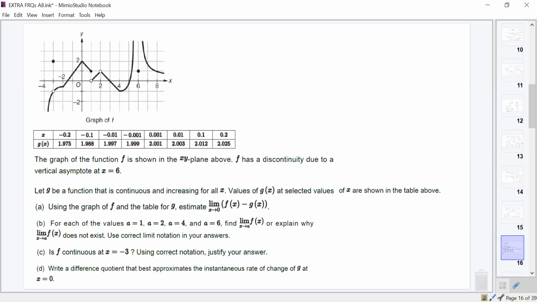And this is one that's not posted up, so you just have to look at it here on the screen.